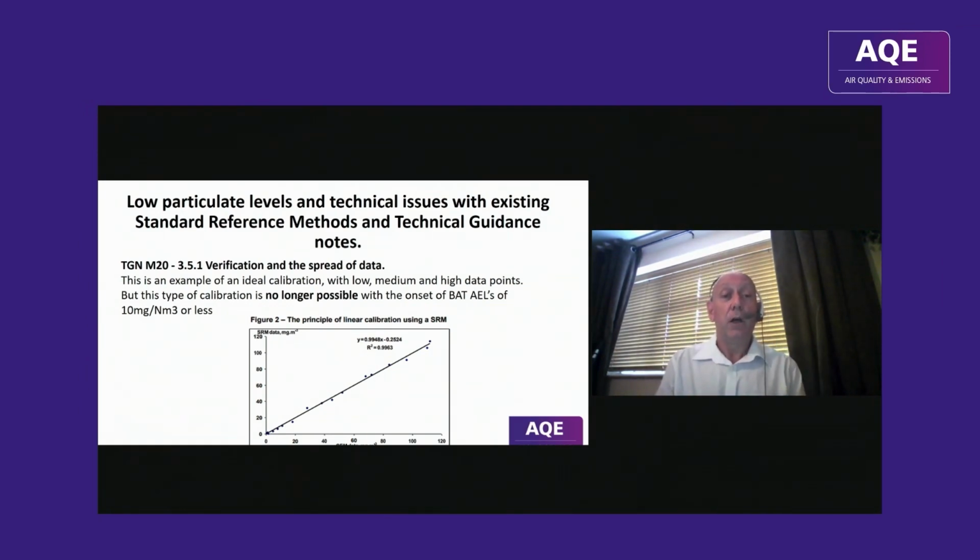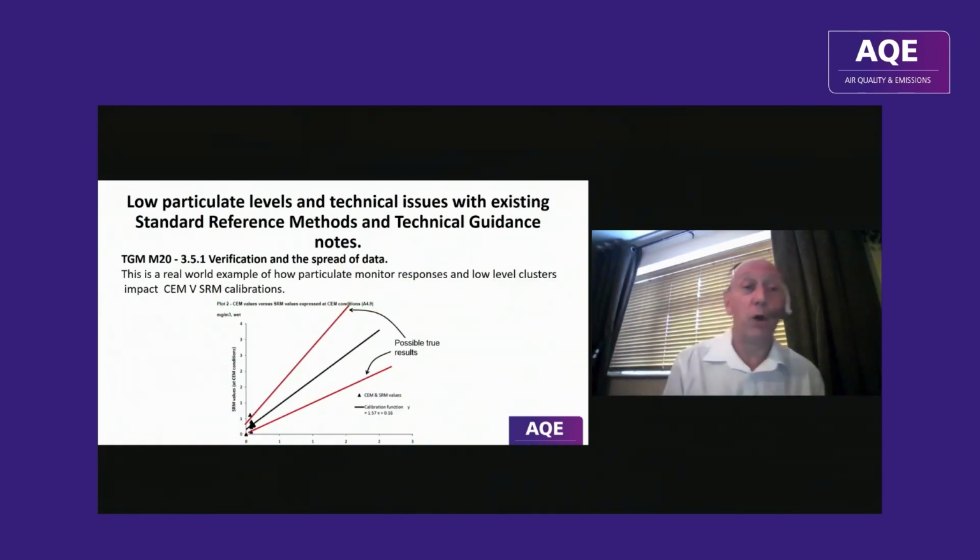In essence, look at these scales on the X and Y. This type of calibration is no longer possible with the onset of best available technique associated emission levels of 10 milligrams or less. Ultimately, in simple terms, you need a good spread of data in order to form a valid calibration. And in essence, we no longer have that with dust.